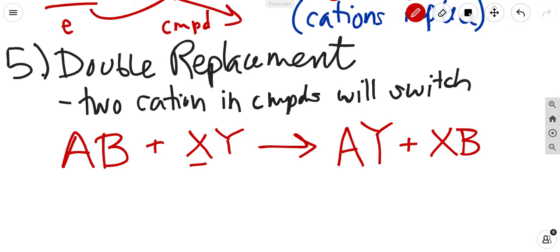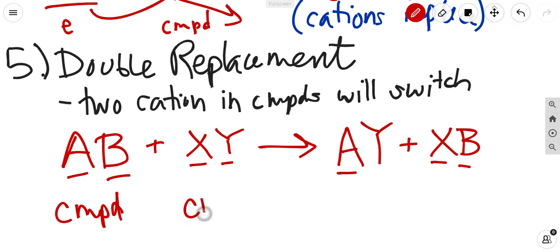If it's written first, it has to stay being written first. If it's written second, it has to stay being written second. These are all things that you already know, but you may not know how to apply them to this lesson. So AB is a compound. XY is a compound. And it yields 2 compounds on this side.